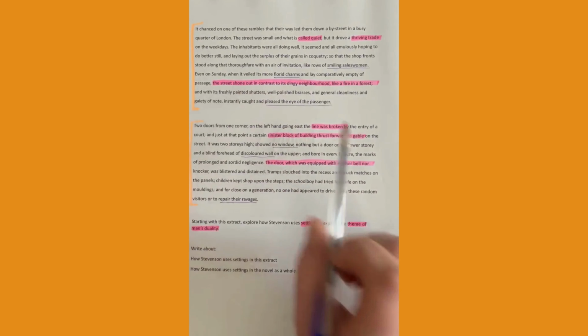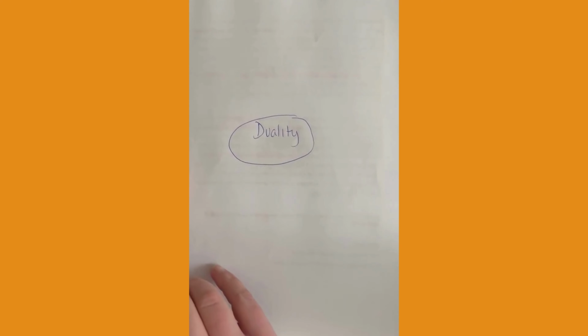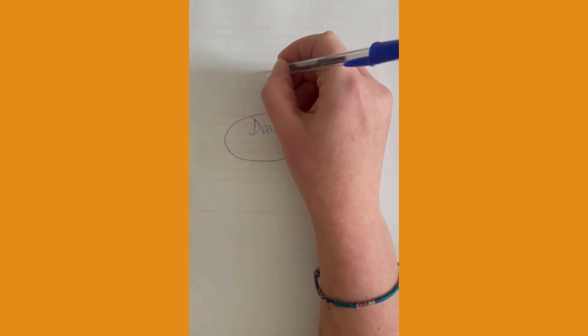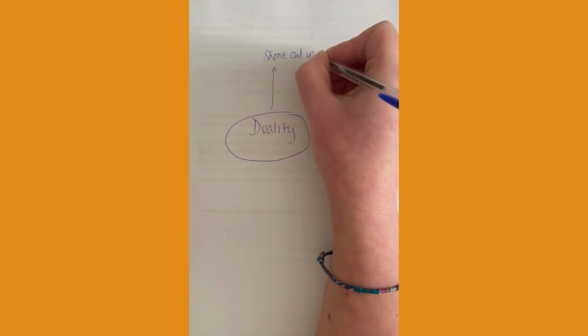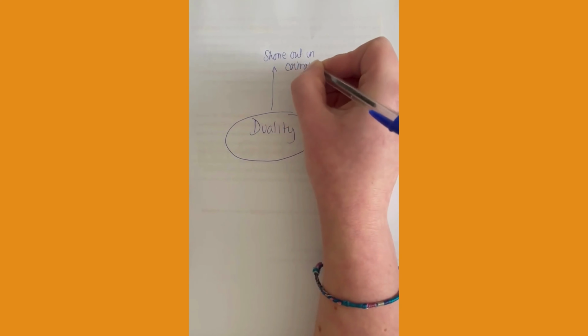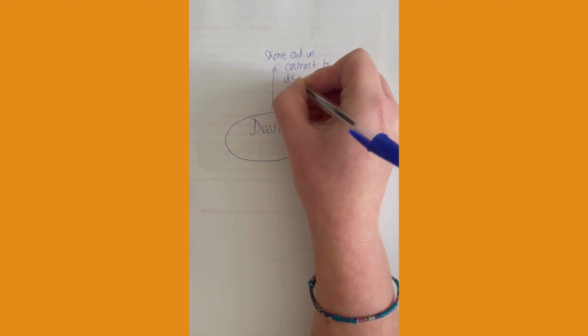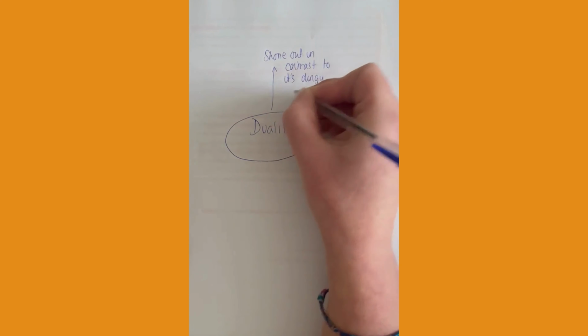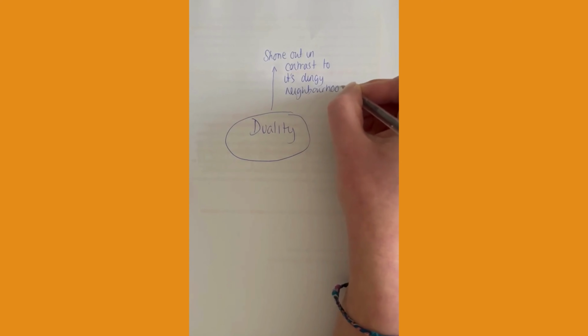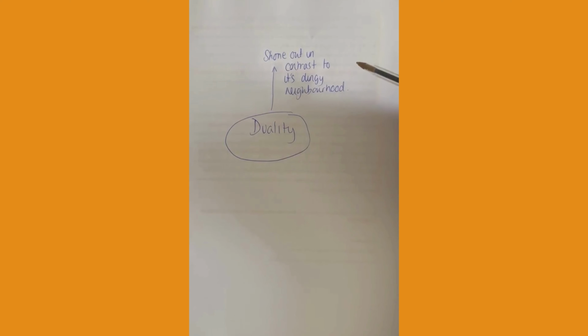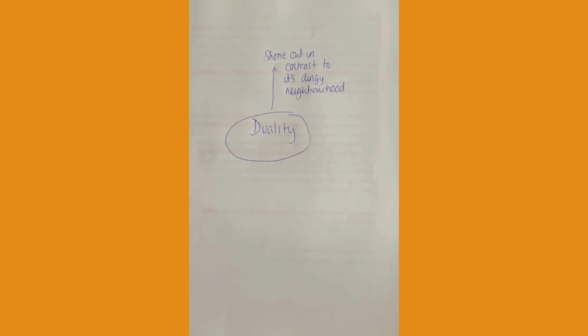So, first and foremost, shone out in contrast to its dingy neighbourhood. So with this quotation, you have the idea of something positive within a negative. You have that idea of the good within the bad and the two sides of London.